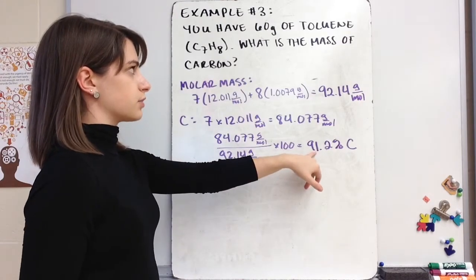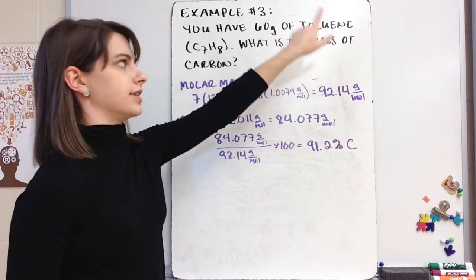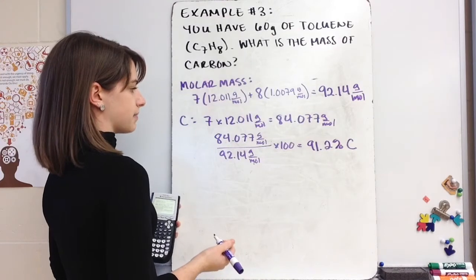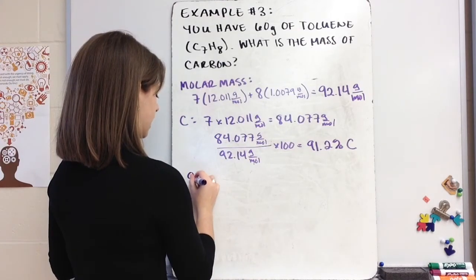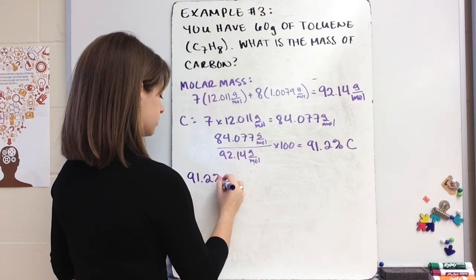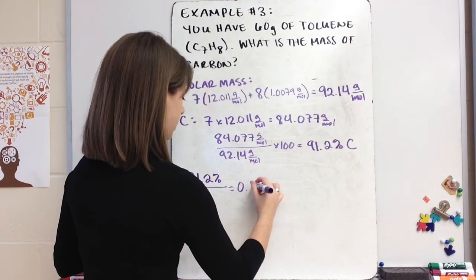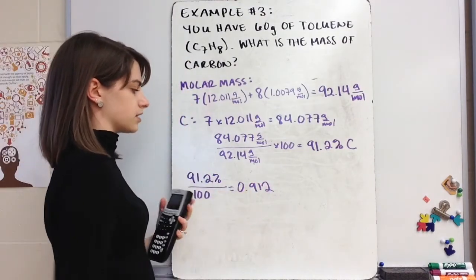So I can use this percentage to figure out just the mass of the carbon out of my 60 grams of the toluene compound. So I'm going to undo this. I'm going to convert it back from a percent to a decimal. So 91.2% divided by 100 gets me 0.912. That's just taking it from a percentage back to a decimal.